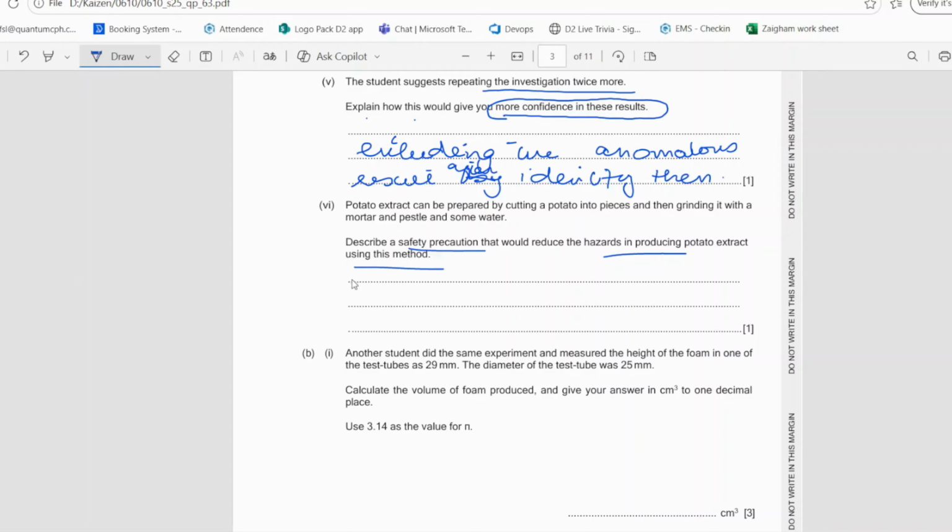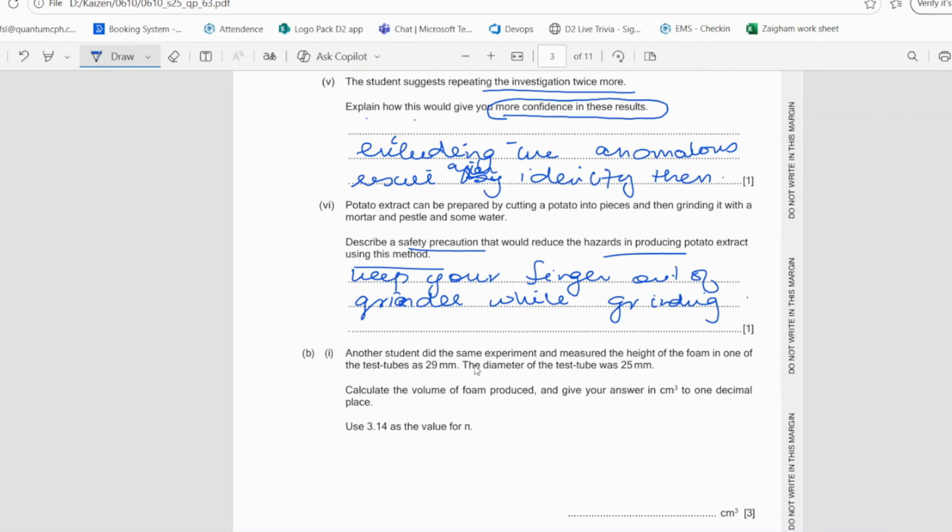If you're cutting, good. Cut it on a hard surface or a stable surface, or cut it away from the body. That is also correct.